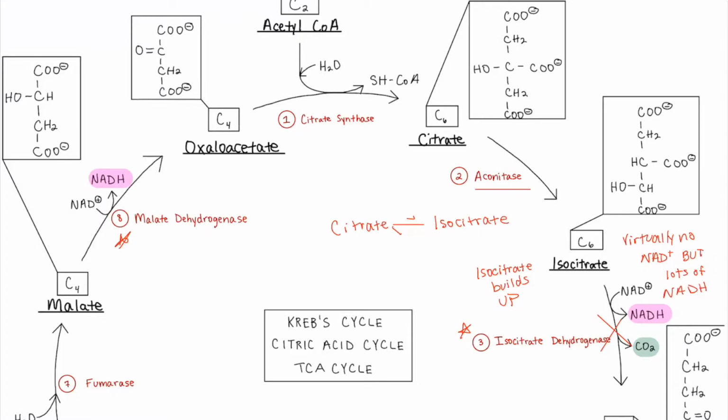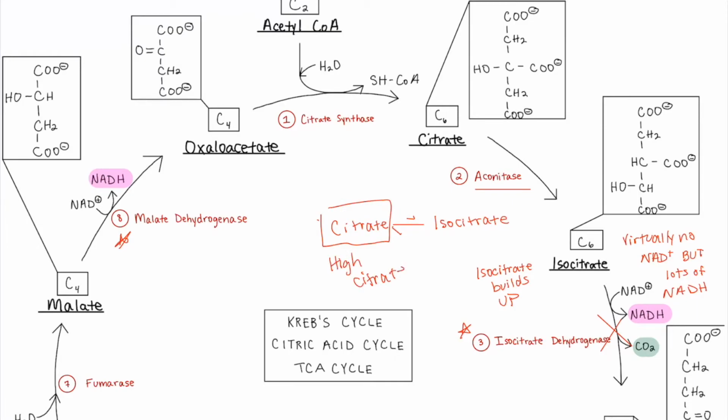Isocitrate can't convert into alpha ketoglutarate via the isocitrate dehydrogenase enzyme, so you have isocitrate buildup, and isocitrate likes to be in the form of citrate. This equilibrium lies far to the left, so we have citrate buildup.